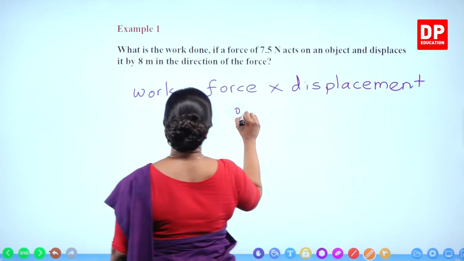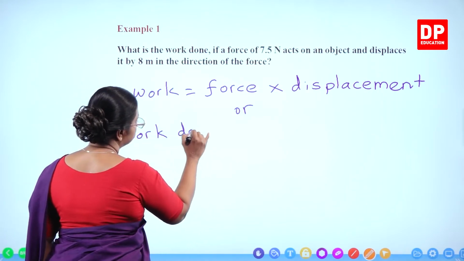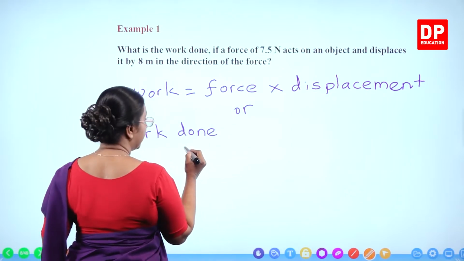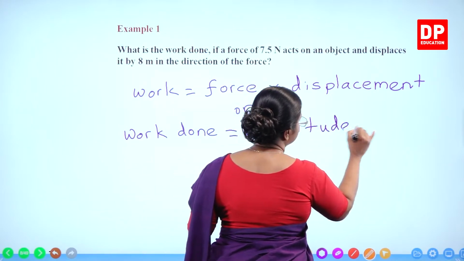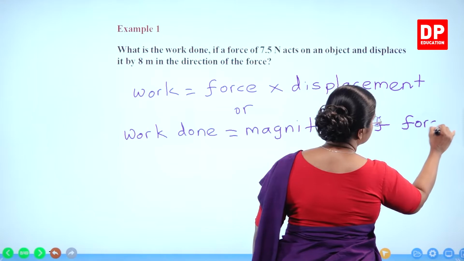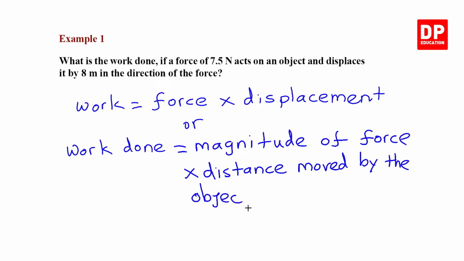or you can write it as the full version, work done is equal to magnitude of force multiplied by the distance moved by the object in the direction of the force.